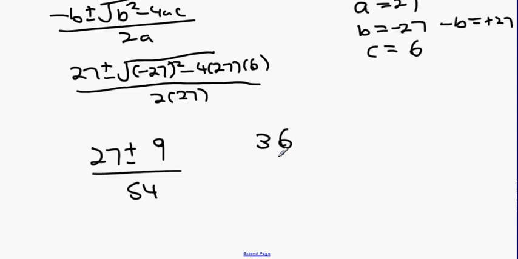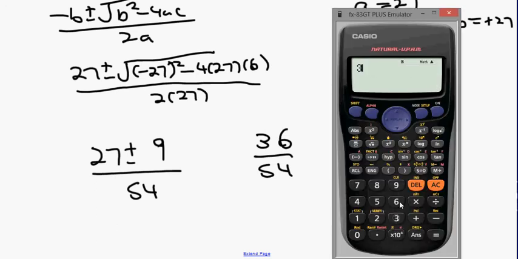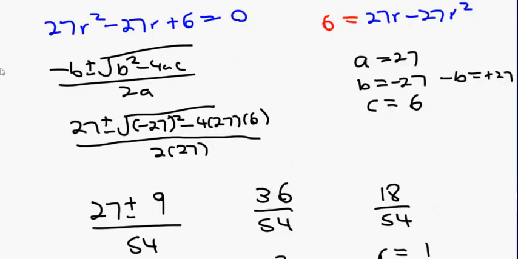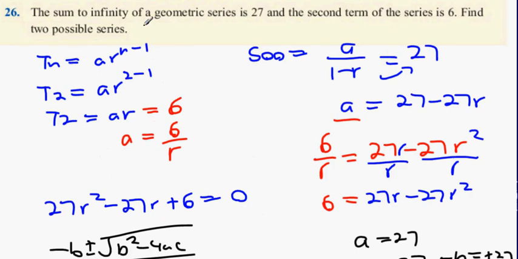So we're going to have 36 over 54, or 18 over 54. And 36 divided by 54 is 2/3, so r equals 2/3, or r equals 1/3. Okay, so there's our two.